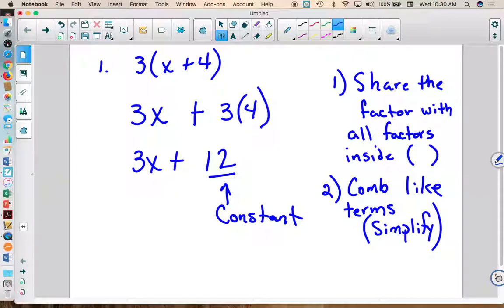Another word for share, a mathematical term, would be multiply. Multiply the factor with all factors. So you can kind of put that word multiply next to share so that you know that's what we mean. Once you've got step 1 written down on your note card, then you write step 2.